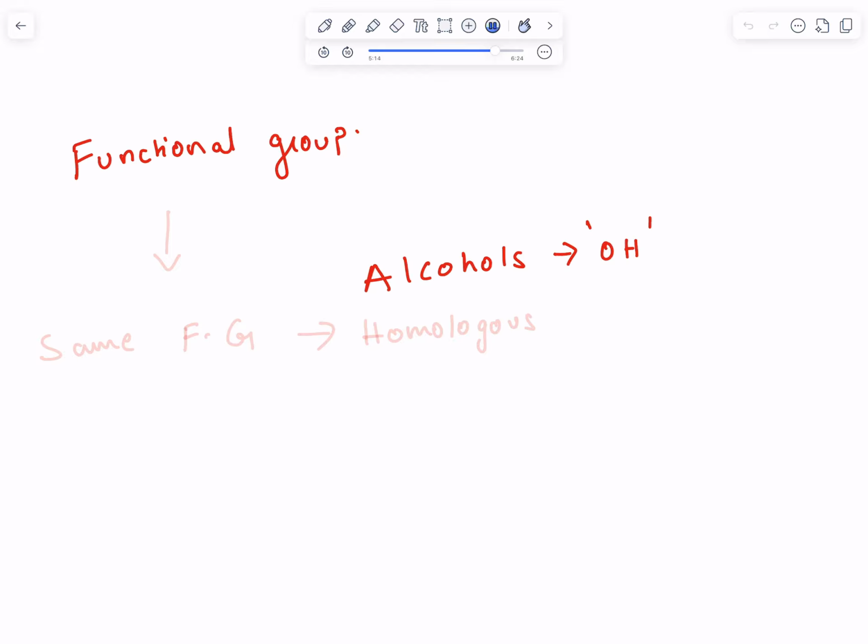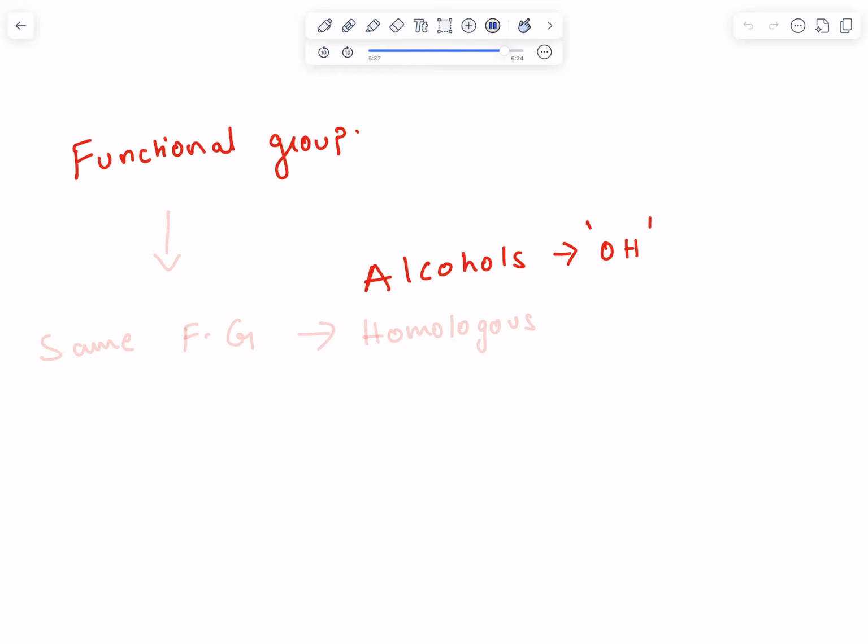So think of functional group as a door number, which gives a specific identity to that molecule. For example, alcohols are identified by OH in their formula. Now, there can be different kinds of alcohols, but they belong to the same homologous series.